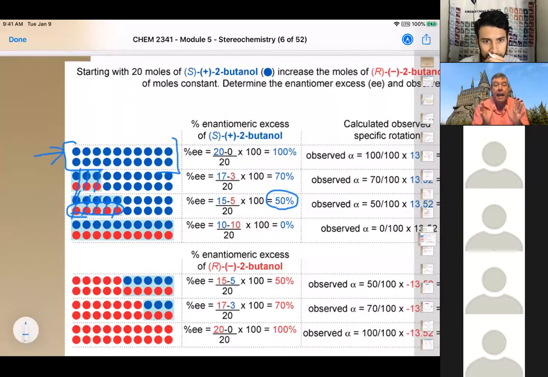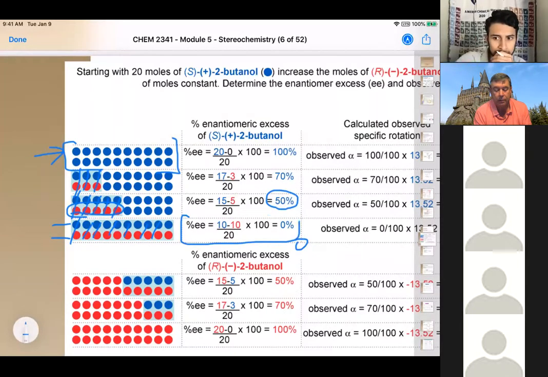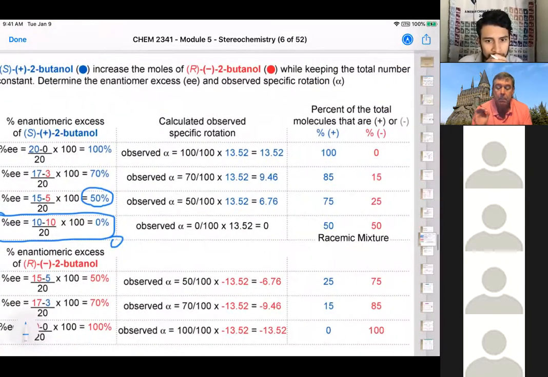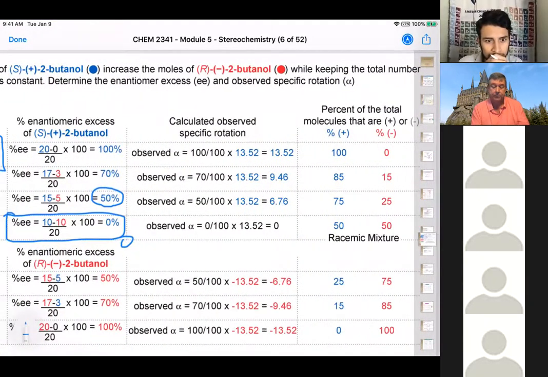So only half of that is going to be rotating light. Now, if we get an equal mixture of 1 to 1, that means they all cancel out, and we actually have an observed rotation of 0. And this is what we call our racemic mixture because we have equal quantities of each. Okay, now let's see how that percentage affects the measured optical rotation.